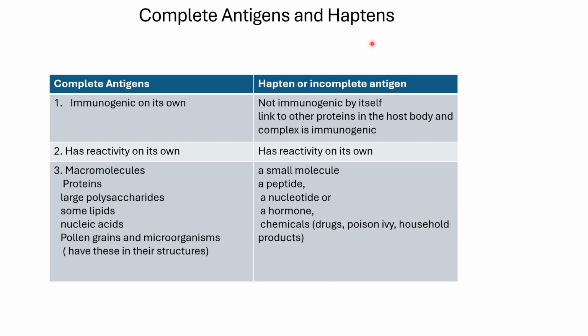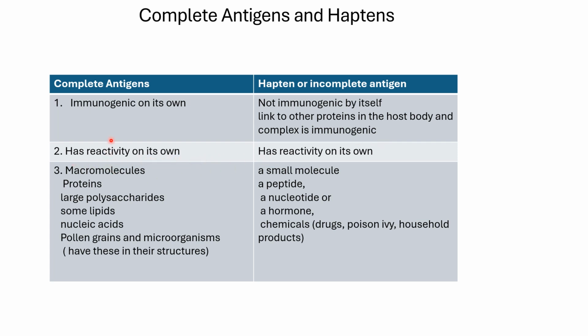So let's see what the differences are between the complete antigens and the incomplete antigens. Complete antigens are immunogenic on their own, whereas the haptens are not immunogenic on their own. They link to other proteins in the host body, and now the complex is immunogenic. They are both reactive.